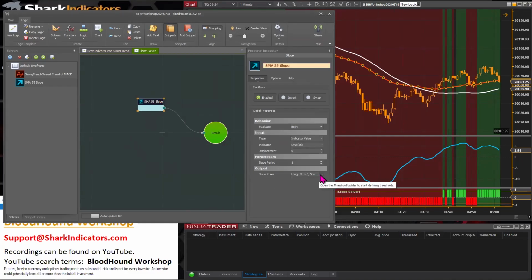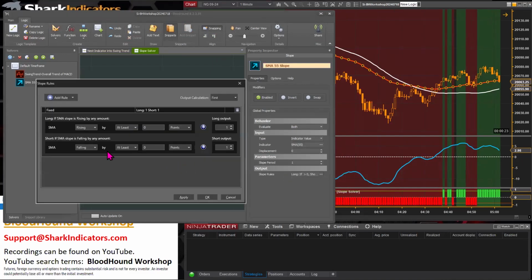Let's start off with probably the most typical thing people are looking for when looking at slope, which is at least a certain amount of slope. Normally when you're looking at a moving average on the price panel, you're typically going to want to work in ticks.